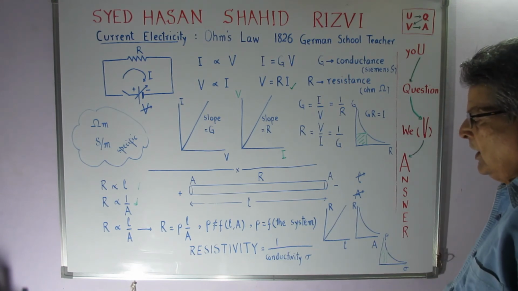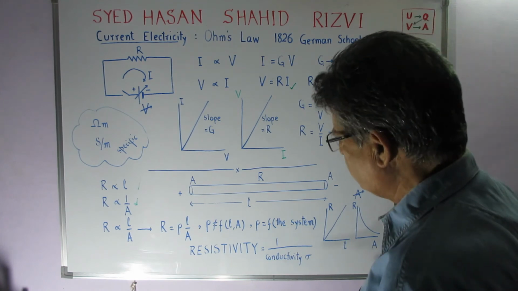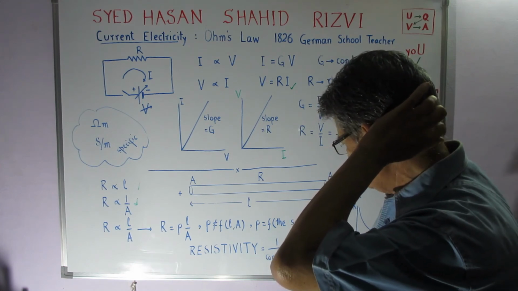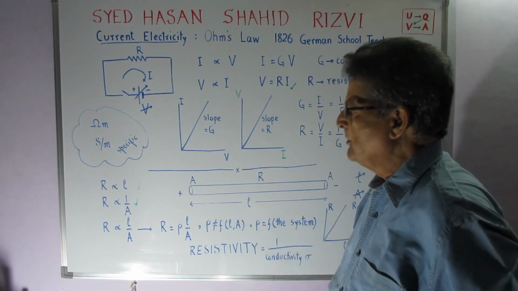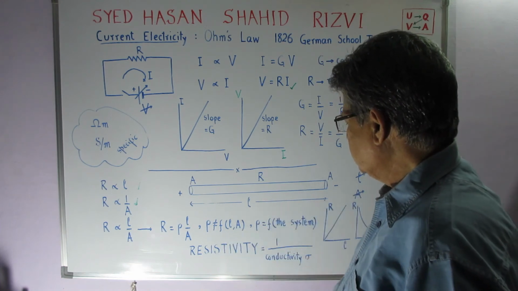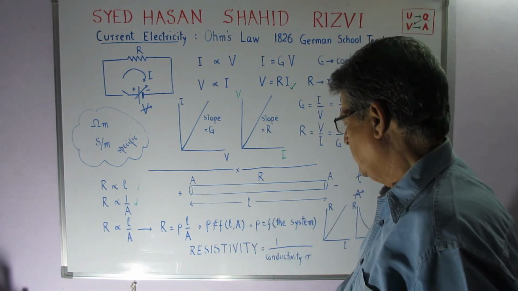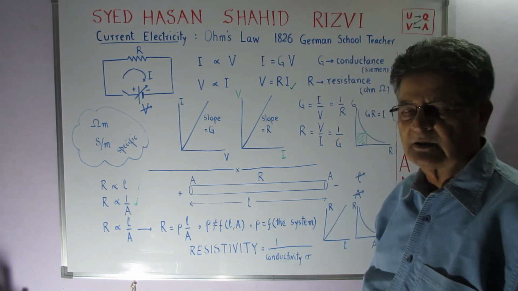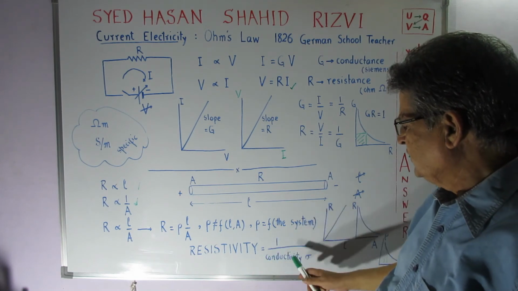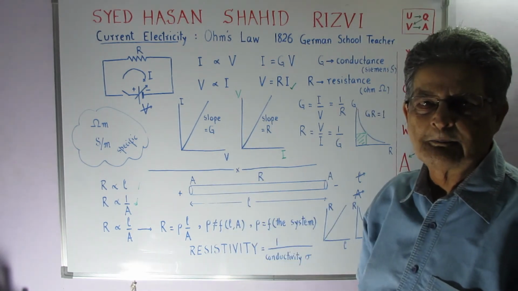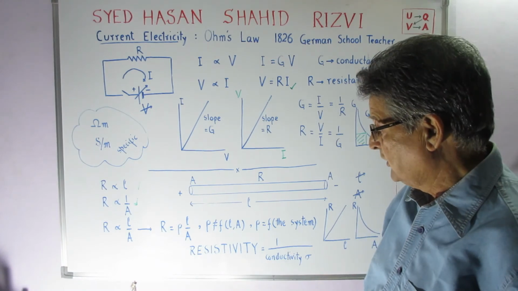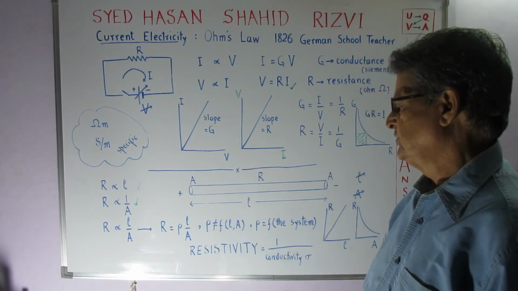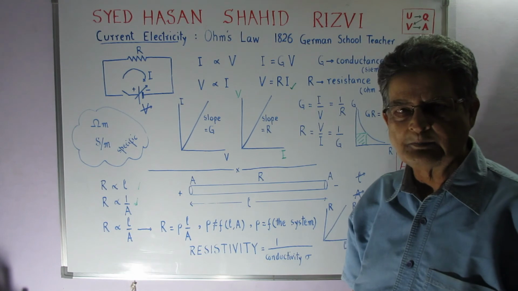So for the first time, and before also in the case of heat, I have got two terms, resistivity and conductivity. Now in physics, anytime you find a term like that, ending in -ivity, that is always the property of the material.